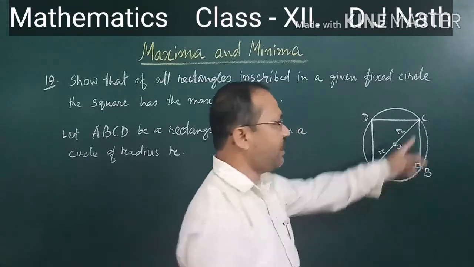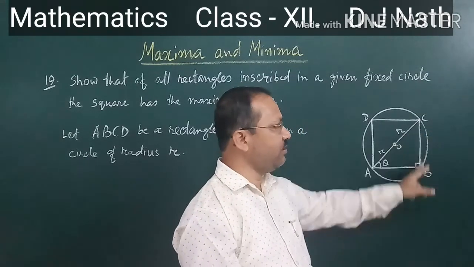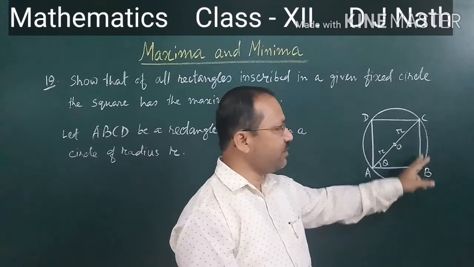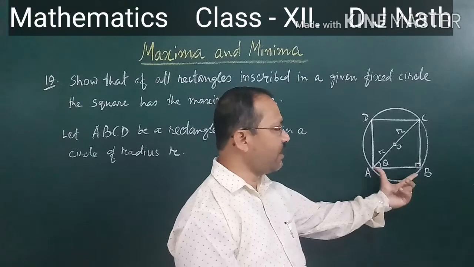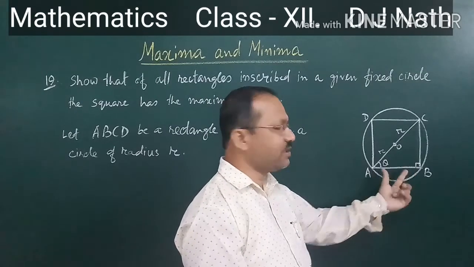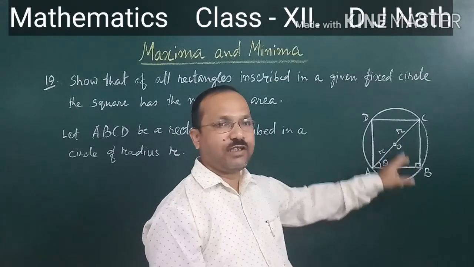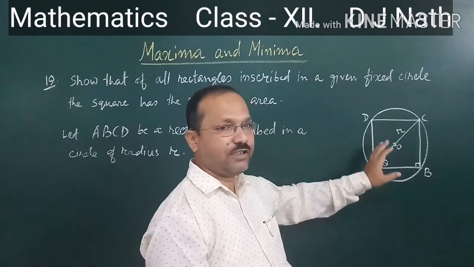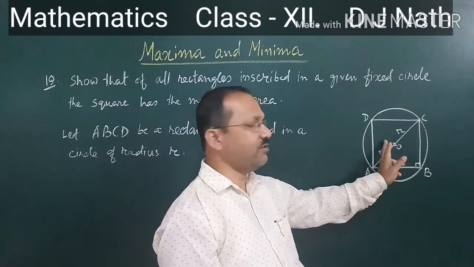Okay? So in a right triangle, if this angle is theta, BC will become 2r sin theta, and AB will become 2r cos theta. Because we know the trigonometric ratios: base by hypotenuse is cos, perpendicular by hypotenuse is sin.